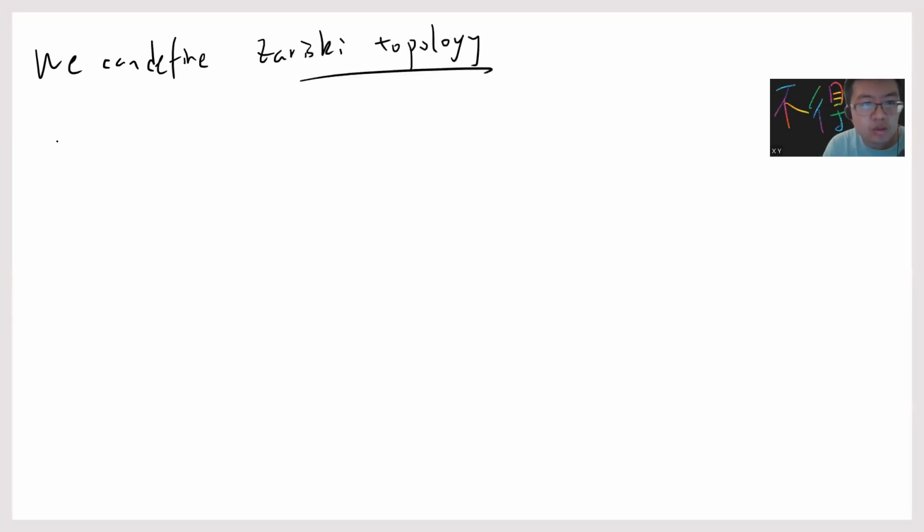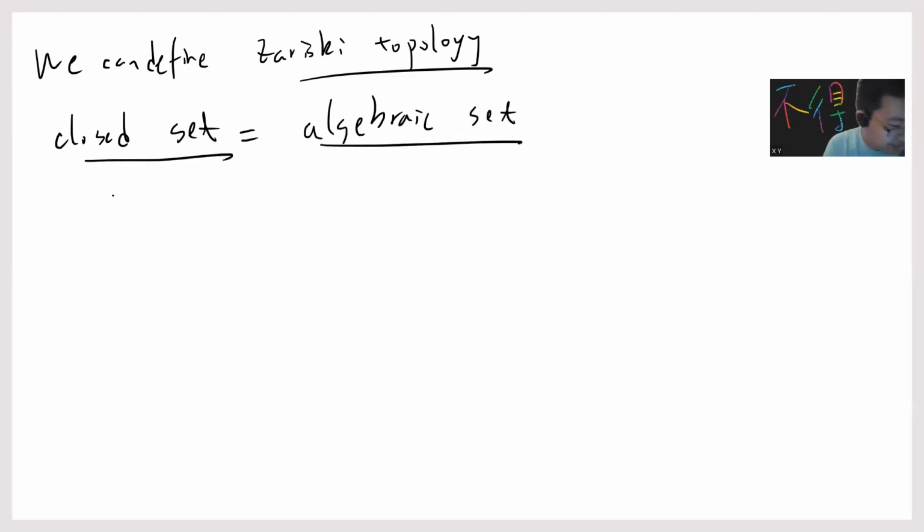So that means that we can do the same thing. You can define the Zariski topology. Basically, in the Zariski topology the closed sets are defined to be the algebraic sets. Now we can define a projective variety.